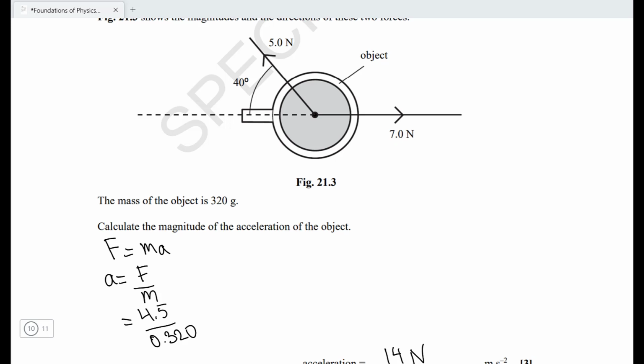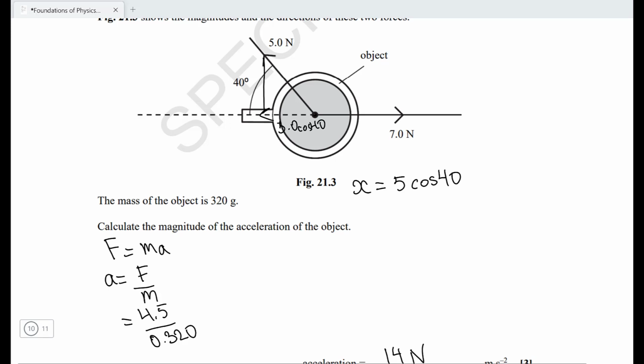Okay, the 5 Newton vector is going to have two components, and we can find them really easily. The 5 Newton vector has an x component, which is 5 cosine of 40. So the resultant x component is going to be this guy here, 5.0 cosine of 40.